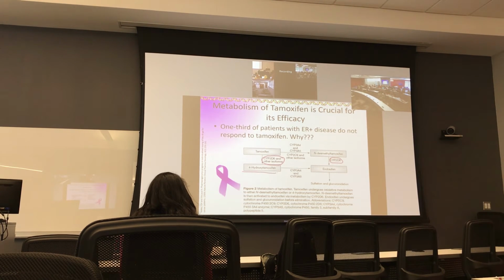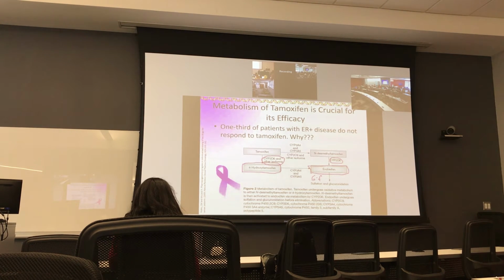And so it used to be thought that 4-hydroxytamoxifen was the key player having all of the activity, but then other studies showed that the activity of another metabolite, endoxifen, was found to be comparable to 4-hydroxytamoxifen, and also that there was 6-fold higher concentrations than the other metabolite, suggesting that endoxifen is really a key player in this system. So either way, CYP2D6 is required in order to get that efficacy from tamoxifen.